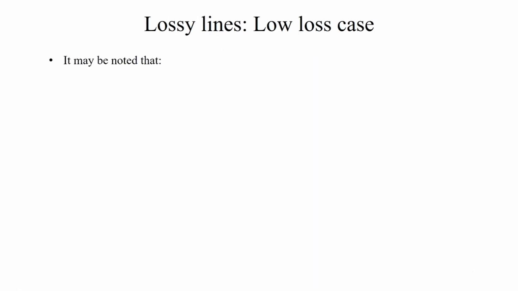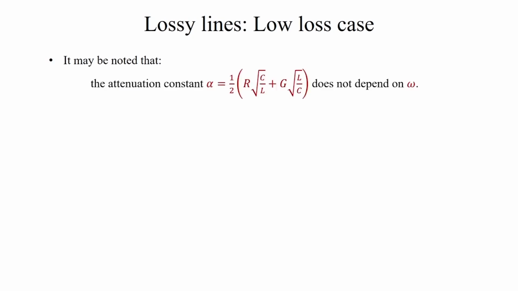If we look at the expressions for alpha and beta, we find that the attenuation constant alpha now does not depend upon omega, it depends only on the transmission line parameters, and the phase constant beta varies linearly with omega.